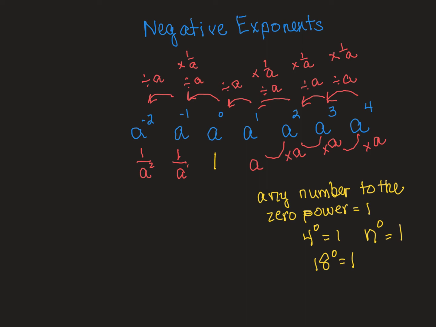That negative exponent is telling us to use the reciprocal of whatever that number is. So notice that a to the negative second is 1 over a to the second. And we could go one more place and say a to the negative third. Remember, I'm dividing by a, or multiplying by 1 over a. That's the reciprocal, only now I'm using the positive exponent.